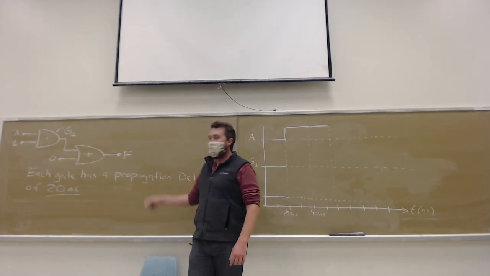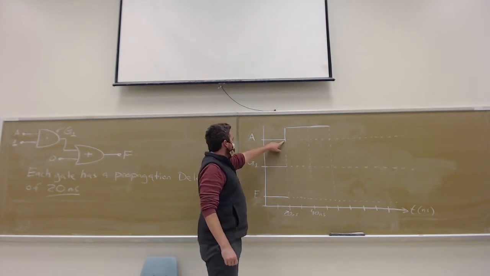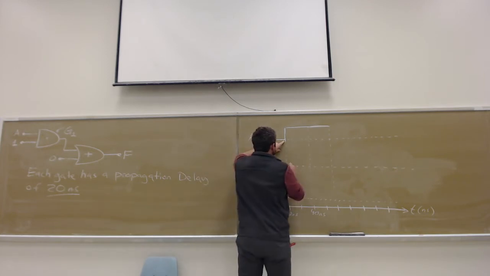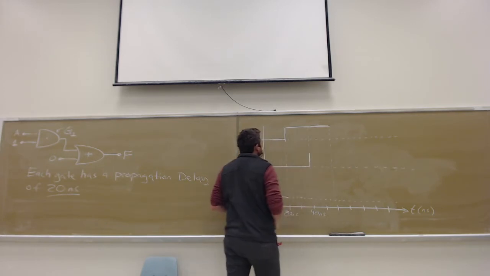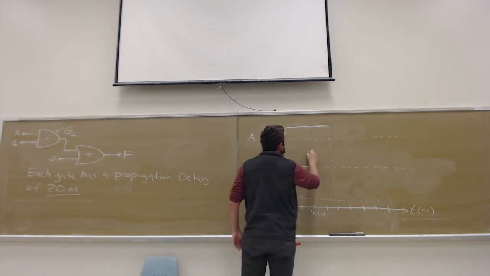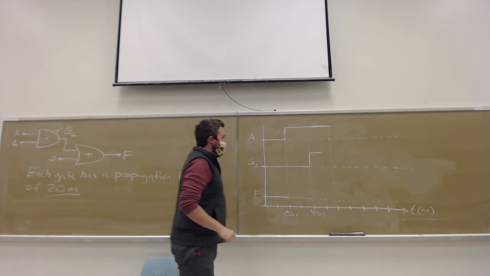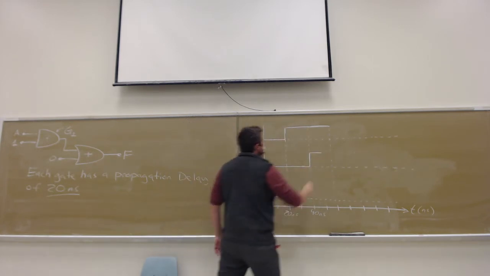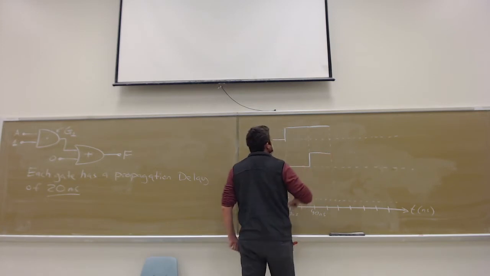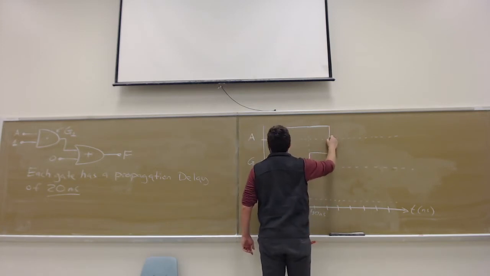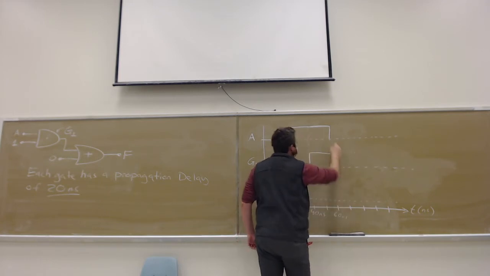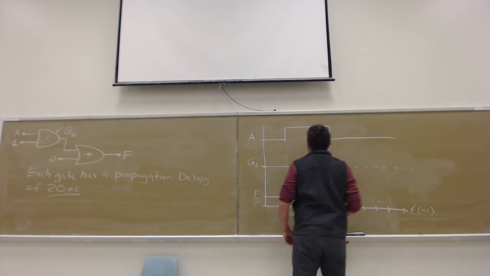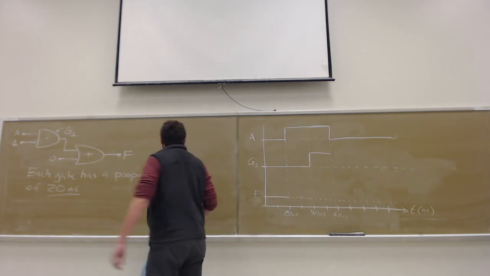All gates have a delay of 20 nanoseconds, which means that as soon as the input signal changes, it's still going to take 20 nanoseconds for G1 to click over. In fact, we'll bring A down at 60 nanoseconds. We'll say it goes back to 0, and it stays at 0 forever.